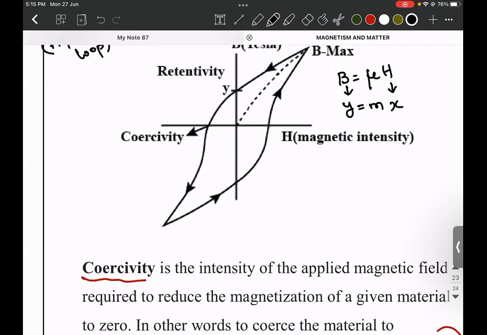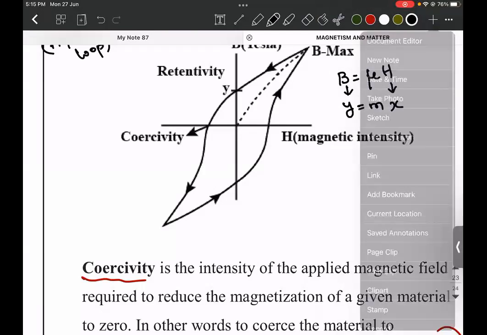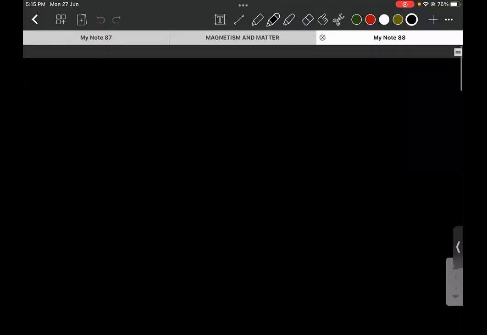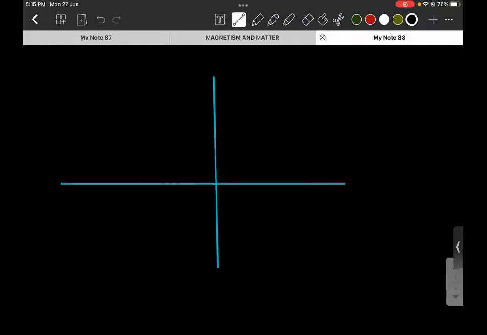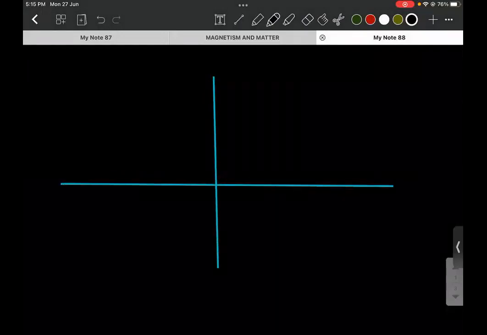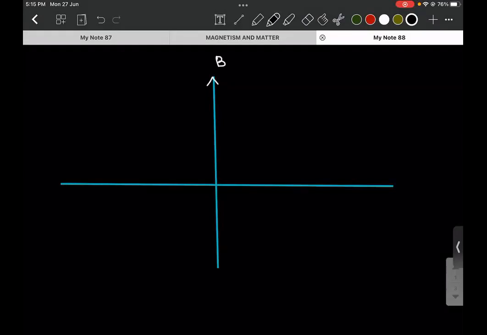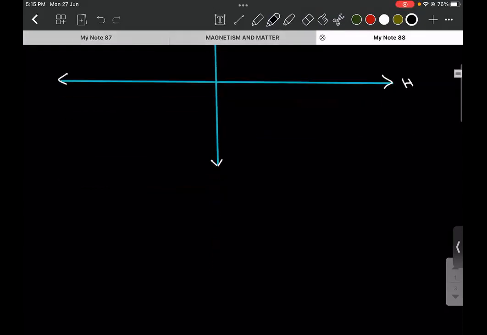Now, listen to this carefully. We are plotting a graph between B and H, where the output B is taken on the y-axis and the input H is taken on the x-axis. This graph mainly speaks about how a ferromagnetic substance behaves when it is placed in an external magnetic field.